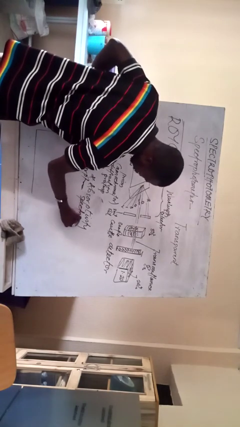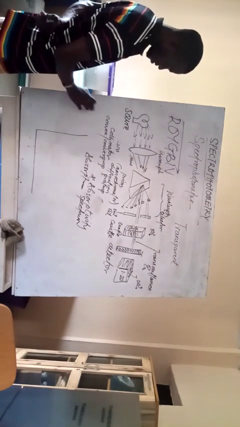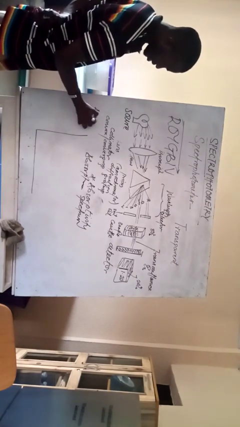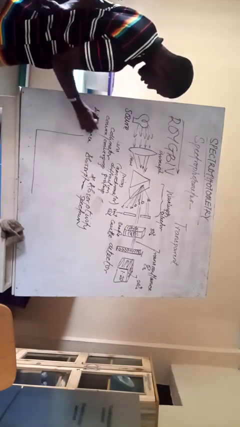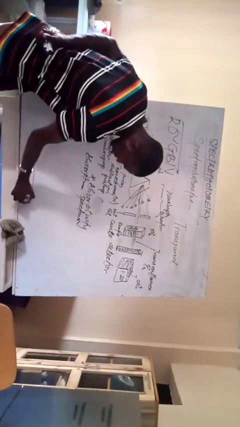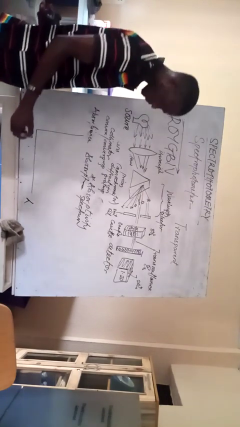The absorption spectrum is basically a graph of the absorptivity, or absorbance, of a material against the wavelength. Wavelength is measured in nanometers, of course.